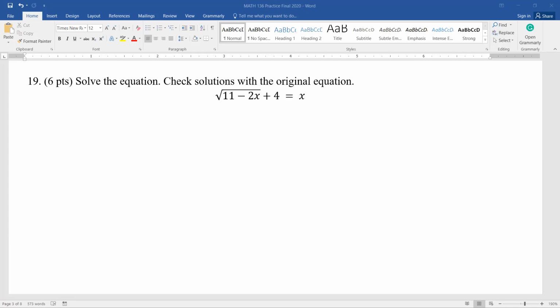And again, I'm going to pick that left side and I'm just going to start simplifying. I'm going to simplify this first. 2 times 1 is 2. 11 minus 2 is 9. So the square root of 9 plus 4 equals 1. Well, the square root of 9 happens to be 3. So 3 plus 4 is not going to equal 1.